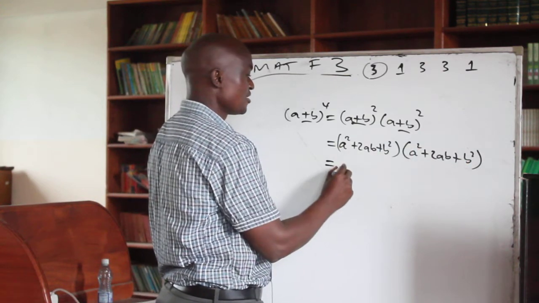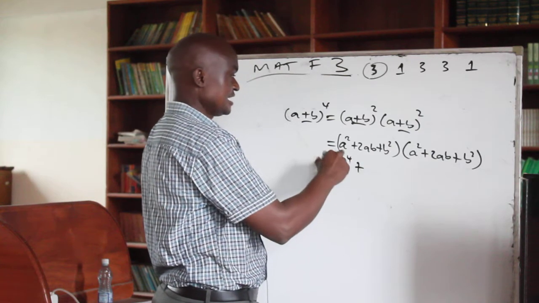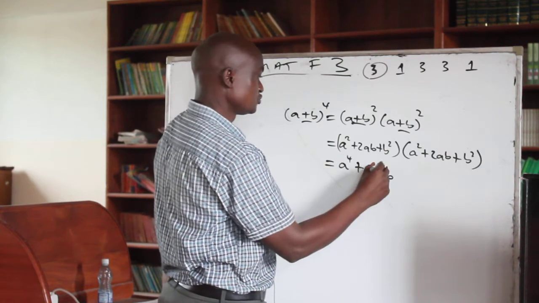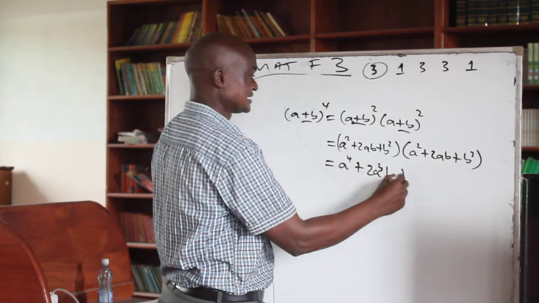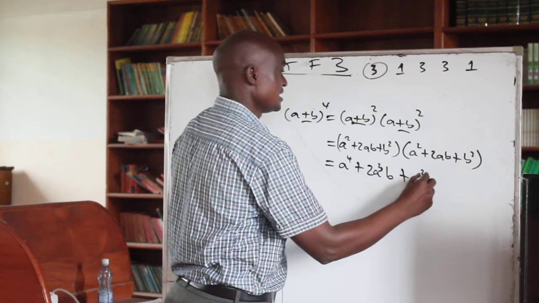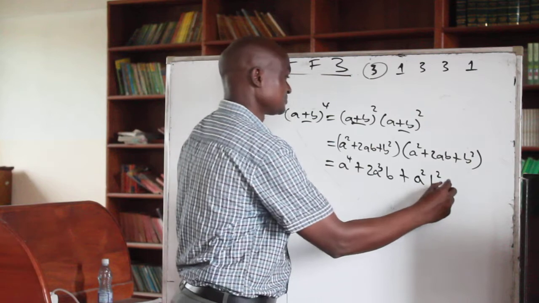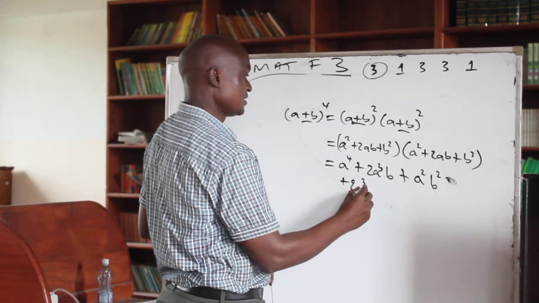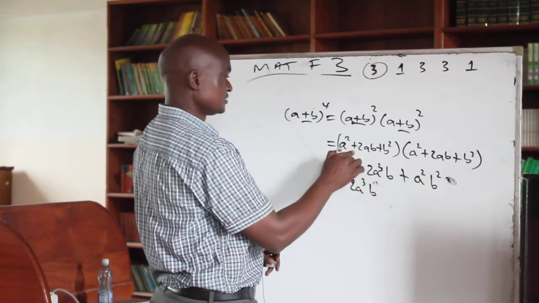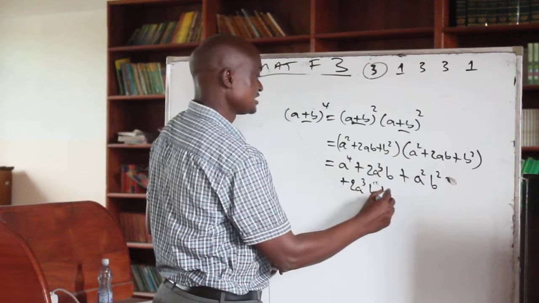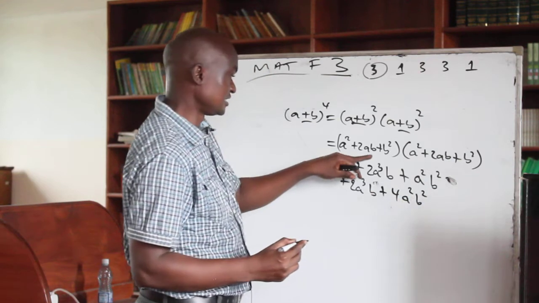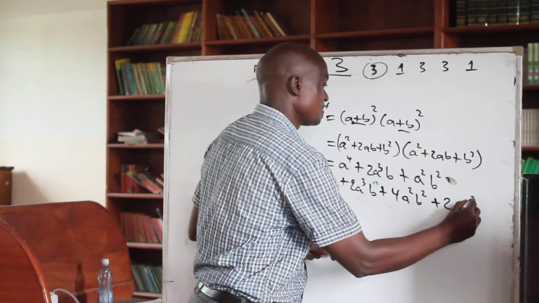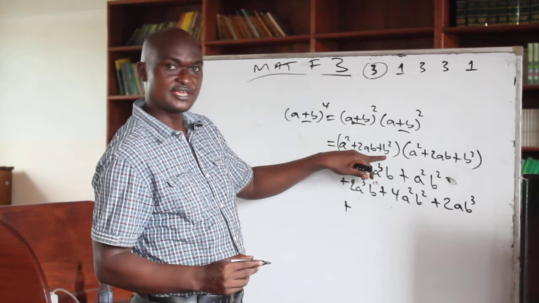A squared times a squared will be a power 4, plus a squared times 2ab is 2a power 3 b. Then this one times that, a squared b squared, plus this one times this one, 2a power 3 b, plus 4a squared b squared, then this times that, plus 2ab power 3, plus the last term here multiplied by the whole of that.